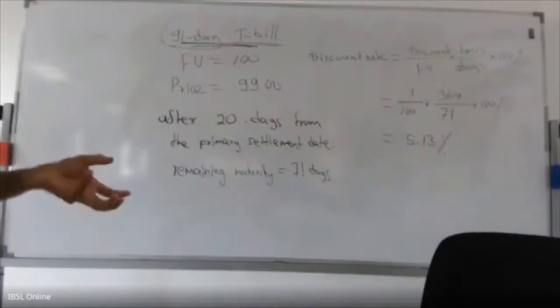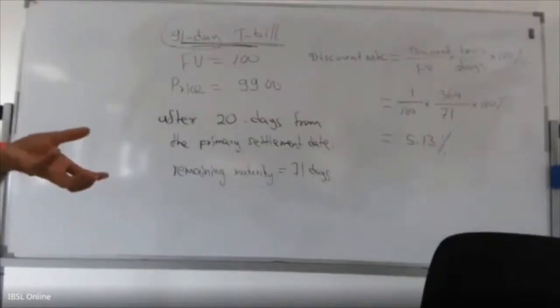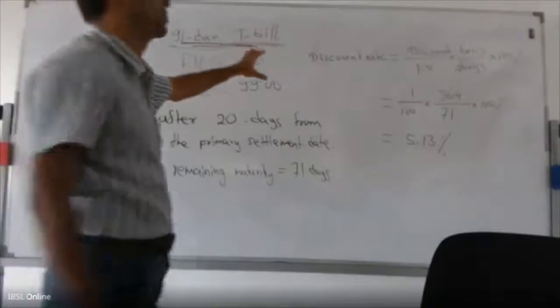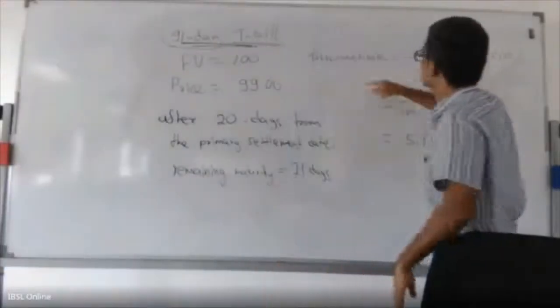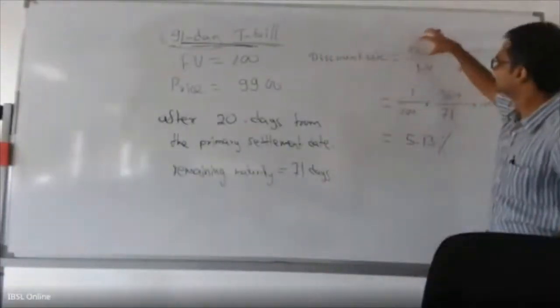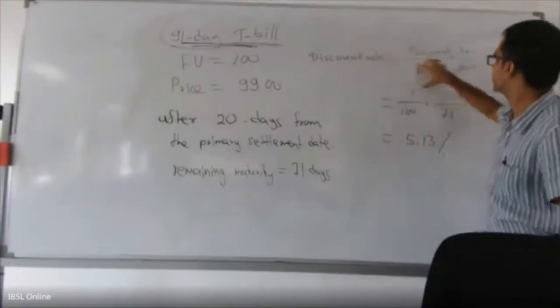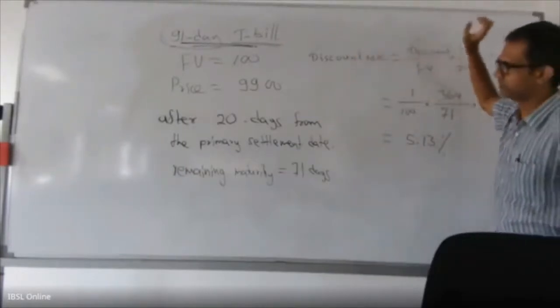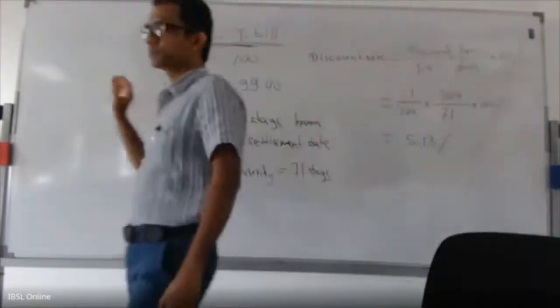How to calculate the price if the discount rate is given, we'll come to that. Yes, it's the reverse. From this equation, if the discount rate is given, face value is known, day counts are known, you can calculate the discount.